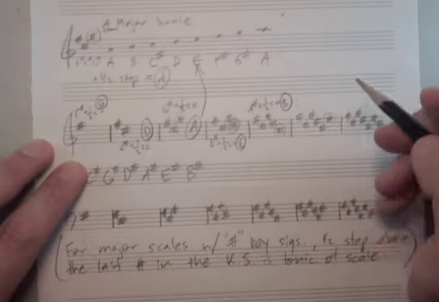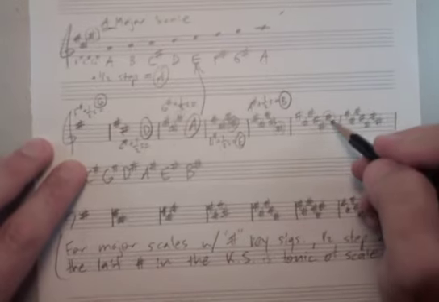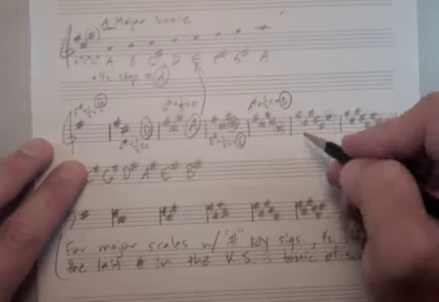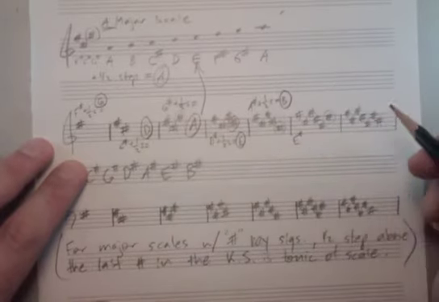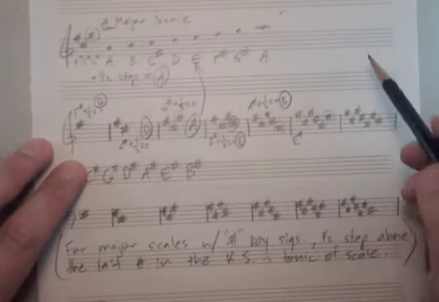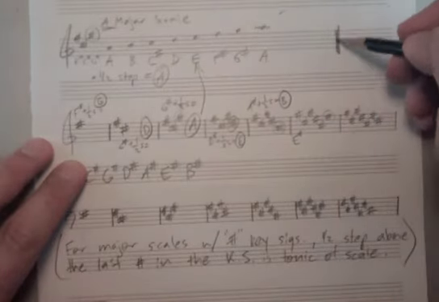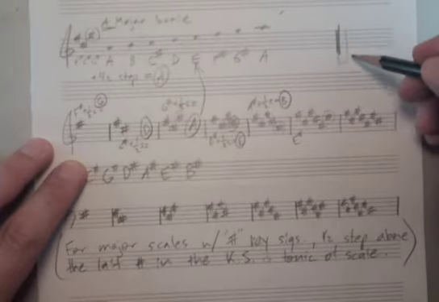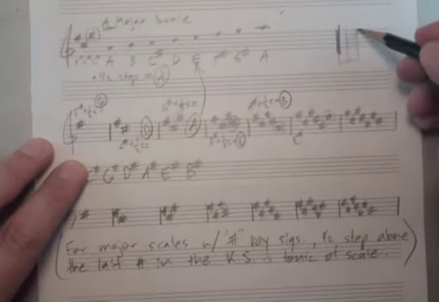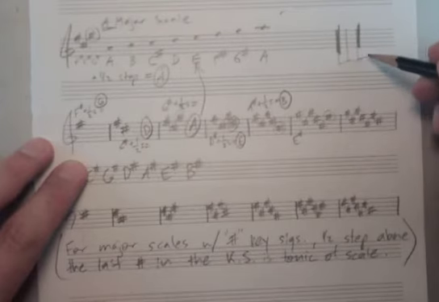The last couple have a little tricky thing. So here our last sharp is E sharp. Remember, E sharp is enharmonic with the note F. So you have your black key, then this white key, then this white key, and then this next black key.